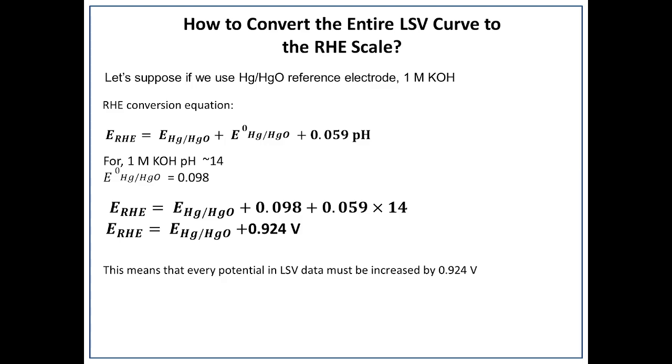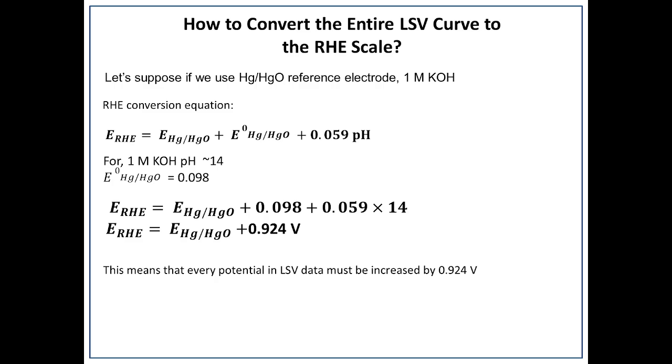Sometimes it is reported as ampere or milliampere, and sometimes we convert it into the current density. Today our focus is only on the potential column. So we need to convert the potential values measured versus, for example, the mercury oxide reference electrode to the RHE scale.